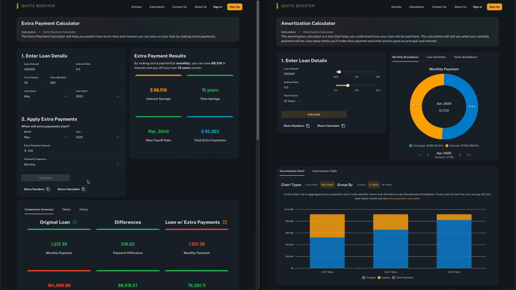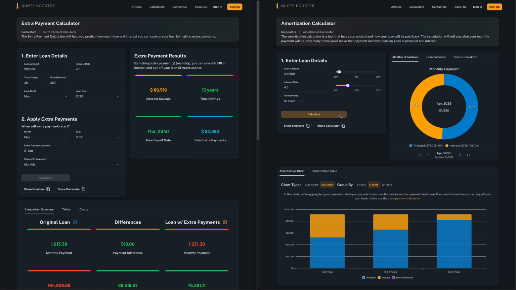Let's calculate what this would do. That's going to save us 15 years. We're going to be able to pay off this 30-year loan as a 15-year mortgage if we pay 518 extra, which is the same as paying a 15-year mortgage.